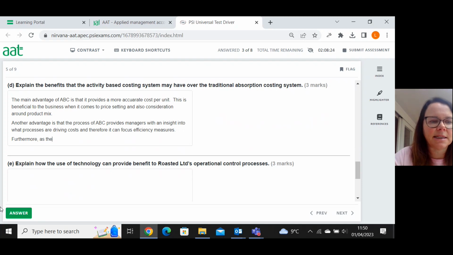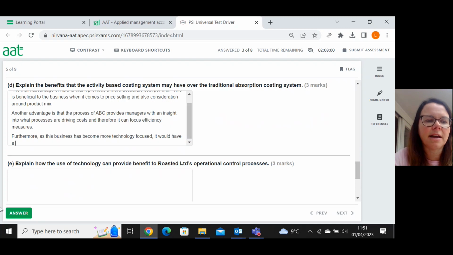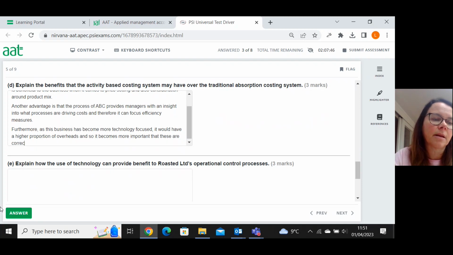As this business has become more technology focused, it would have a higher proportion of overheads, and so it becomes more important that these are correctly allocated and apportioned, which ABC is able to achieve.